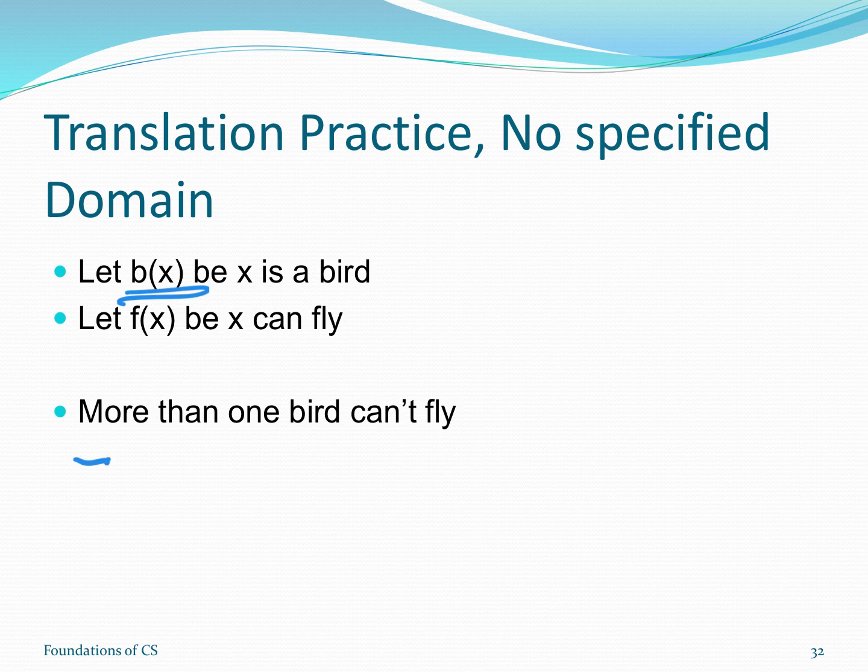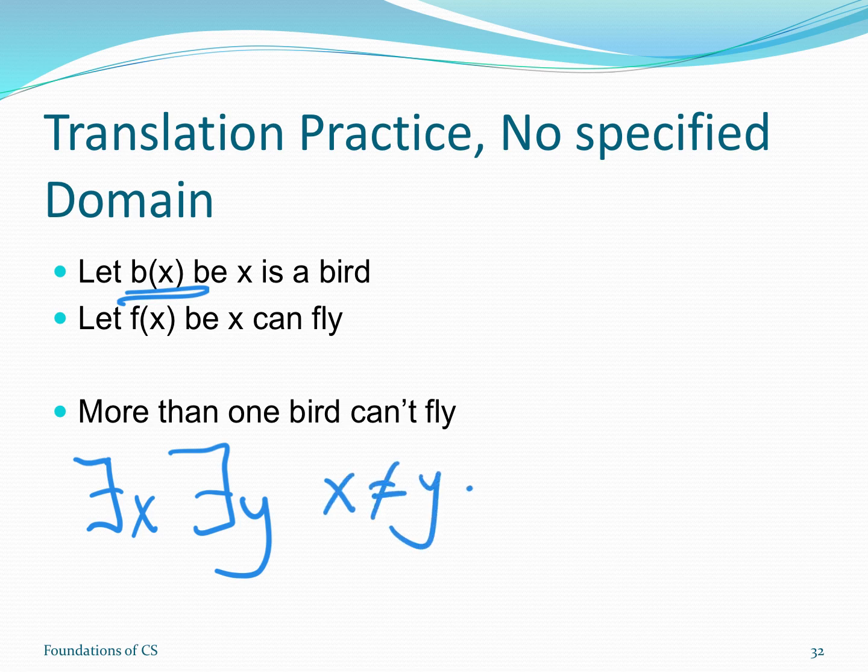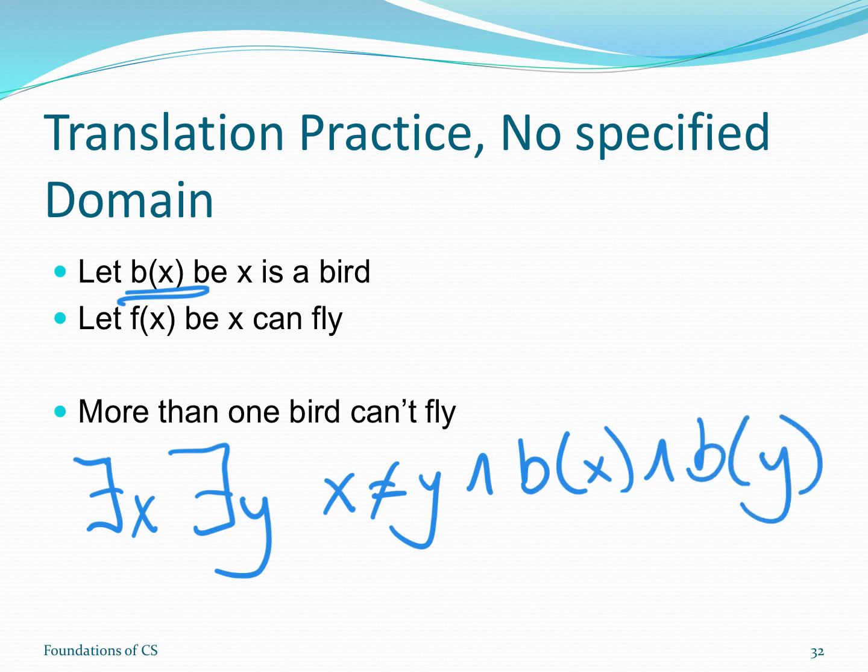So I'm going to say there exists an X, that's my first bird, and there exists a Y, that's my second bird. And what do I need to tell you about them? The first thing I need to tell you is that X doesn't equal Y, right? They're different. And it's also the case that X is a bird, and it's the case that Y is a bird.